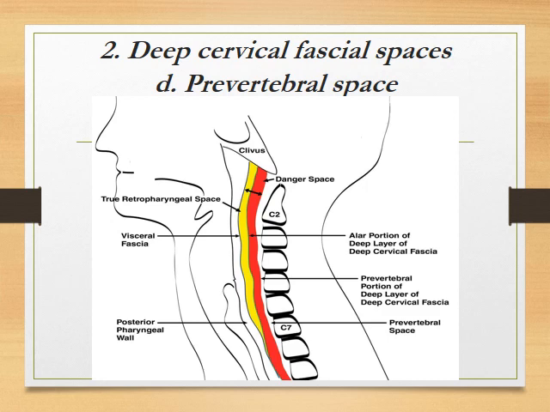Laterally, it is limited by the fusion of the prevertebral fascia with the transverse process of the vertebral bodies. The spread of infection to this prevertebral space may be due to osteomyelitis of the vertebrae, trauma, or may originate from cervical or thoracic spine injuries. Signs and symptoms.